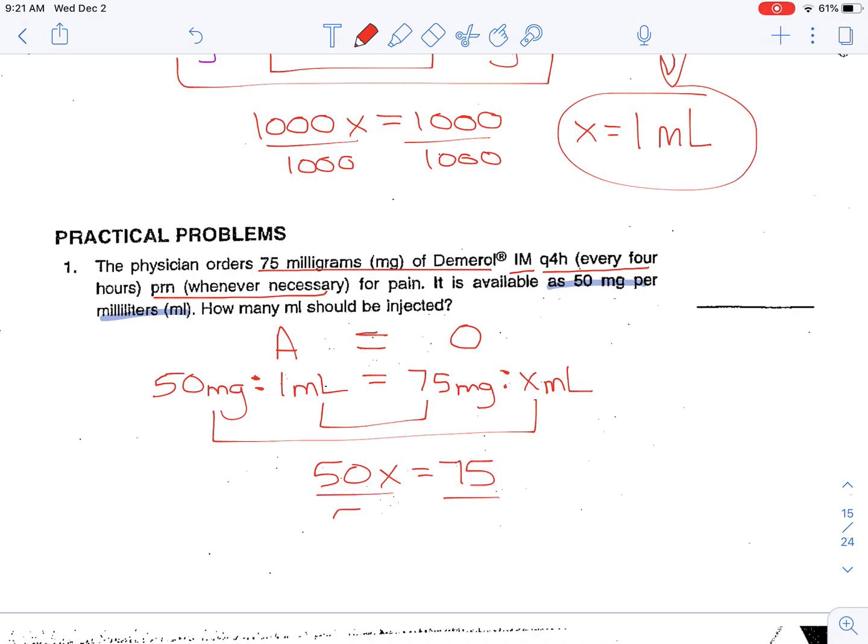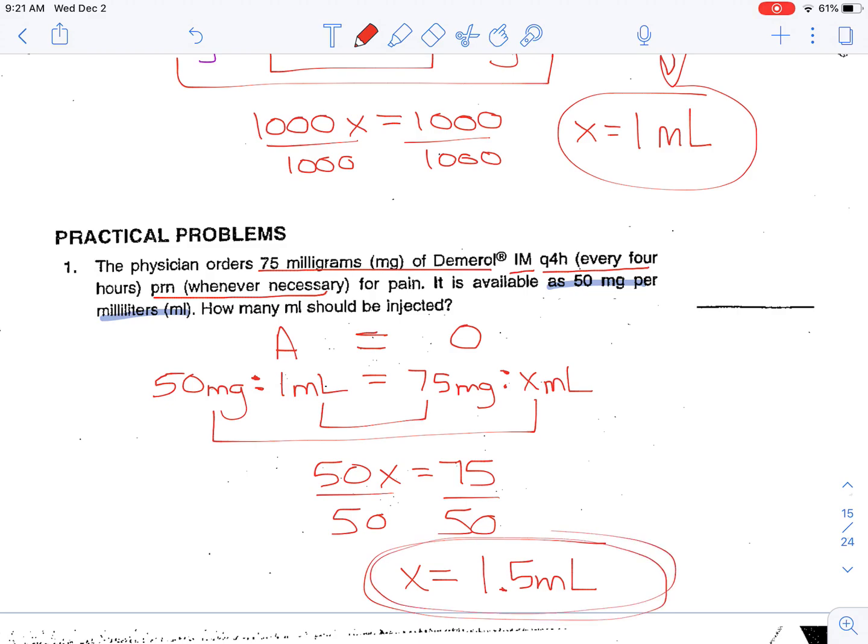And then we have to divide both sides by 50. And we get X to be 1.5, I believe. So 1.5 milliliters. So in order for our patient to get 75 milligrams of Demerol, we would have to inject 1.5 milliliters of the liquid every 4 hours.